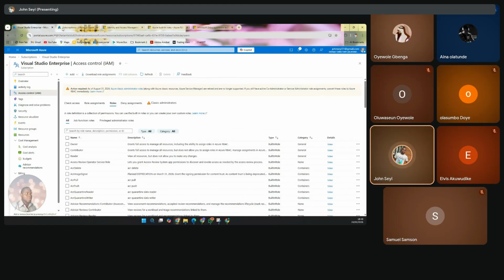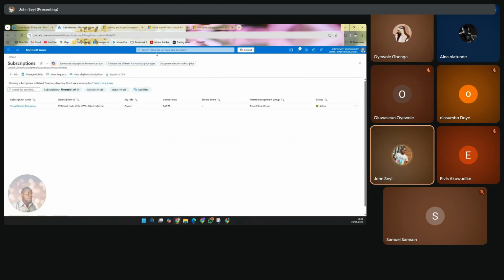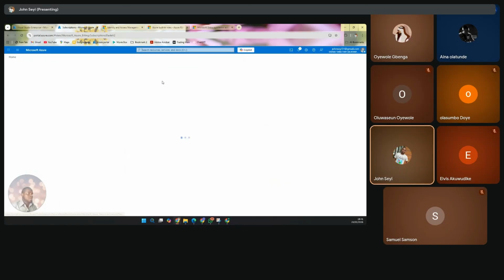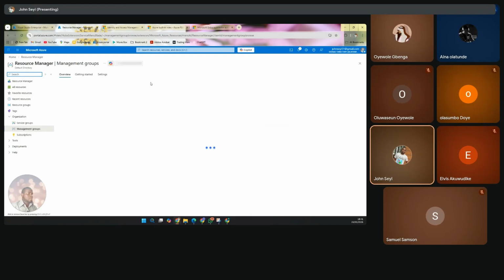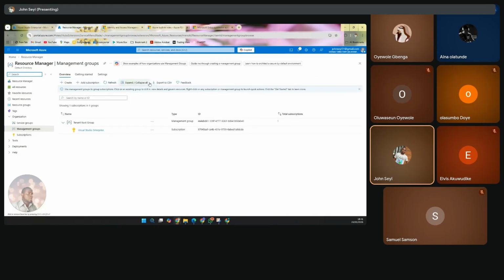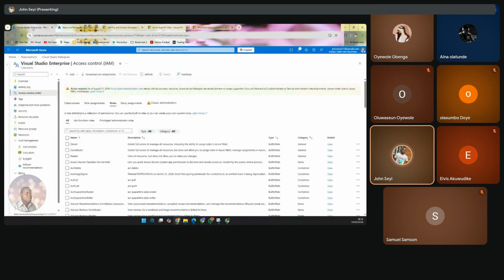So I want to see if I can show you management groups. You can assign roles also in management groups based on the view and the documentation.